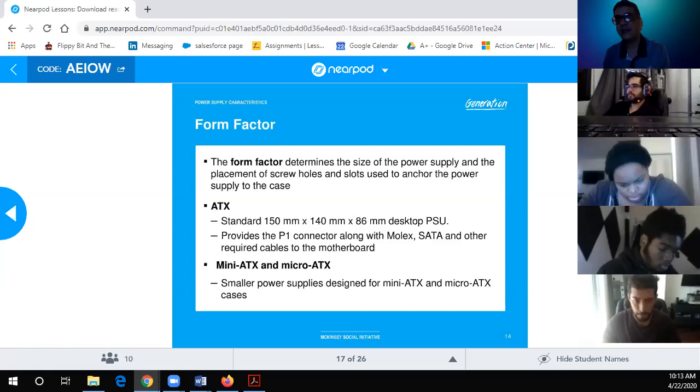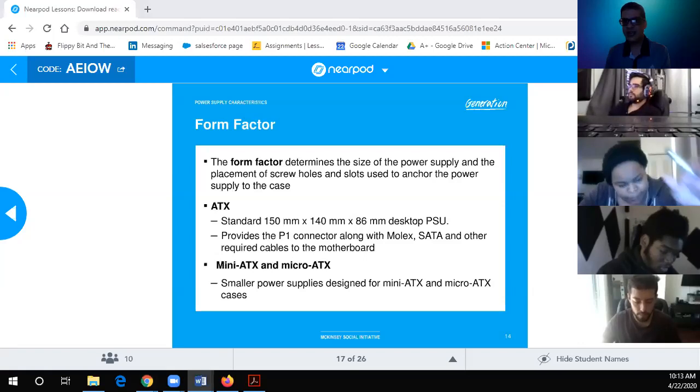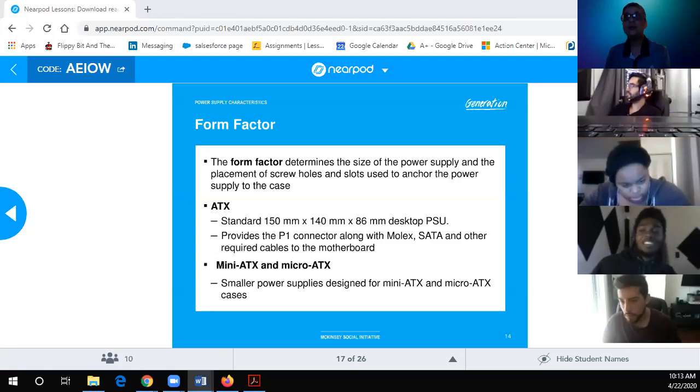The mini ATX and micro ATX obviously are much smaller and designed for that actual space. We always need to take note of what we're purchasing and what the size and dimensions and the wattage, obviously, that we require. Any questions or doubts?